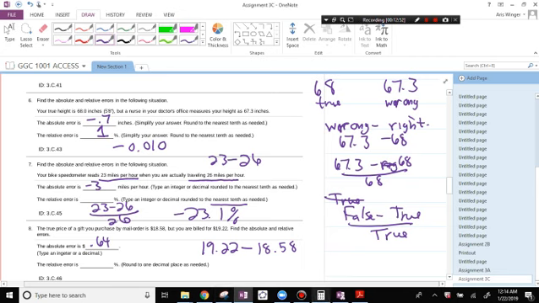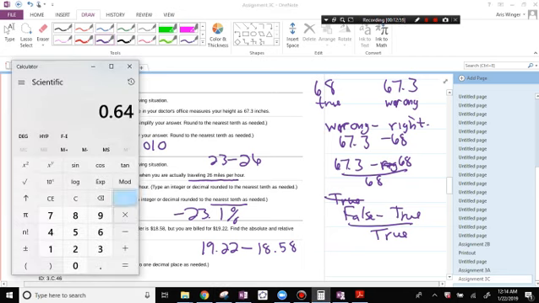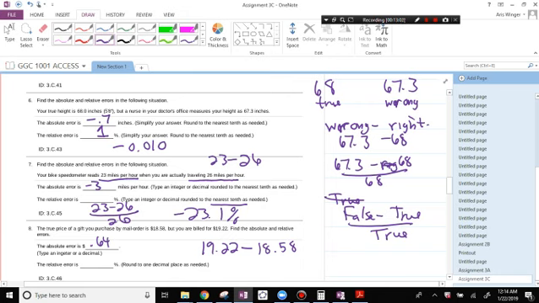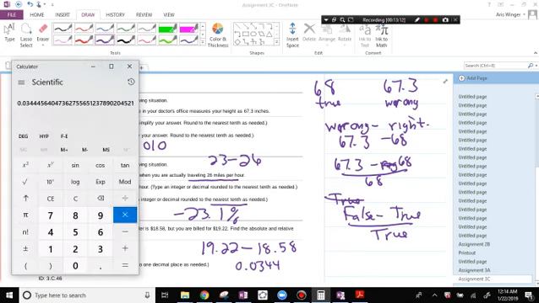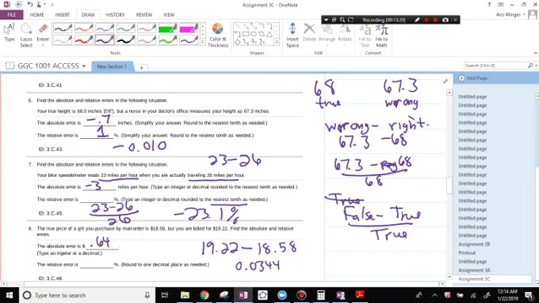So you do the same thing, divided by 18.58, is about 3%. It's 0.0344 times 100, so 3.44%, or how many decimal places? It's 1 decimal place, 3.4%.